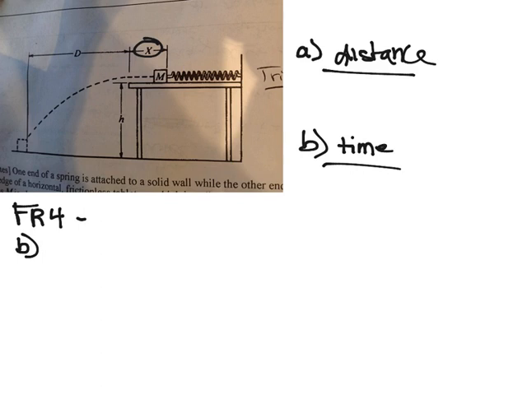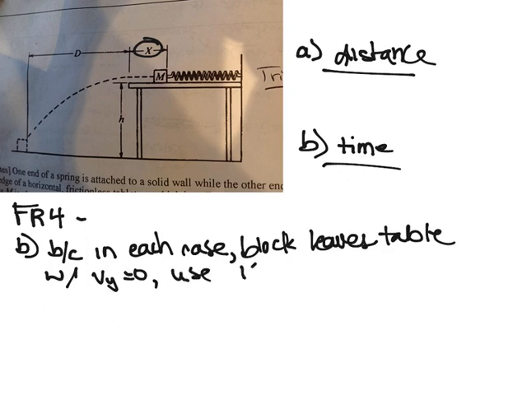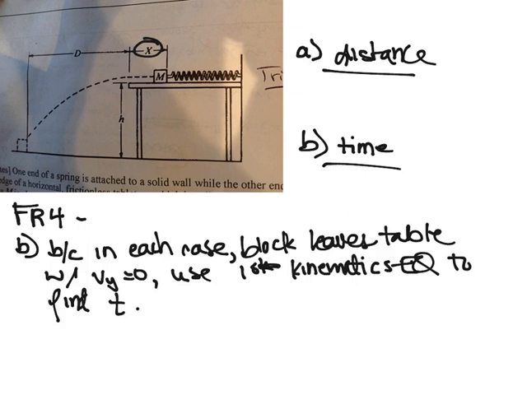and we can solve for time using 1D kinematics. We can say basically, because in each case the block is leaving the table with Vy equals 0, okay, what that means is we can use our first kinematics equation to find time, right?